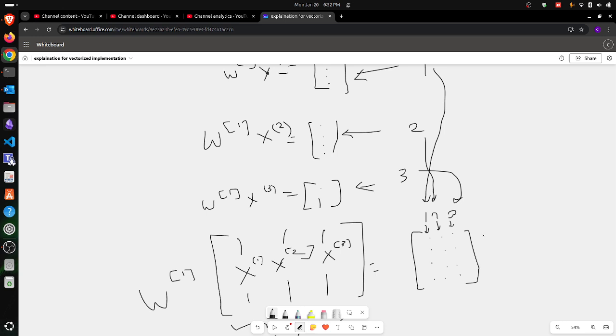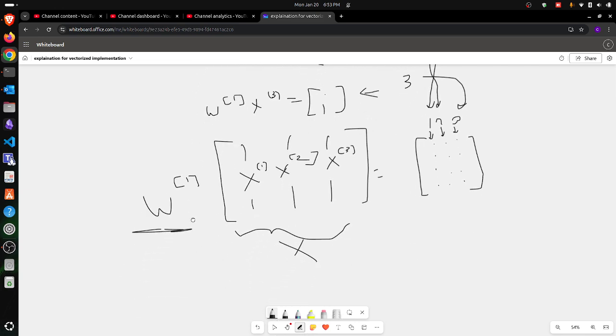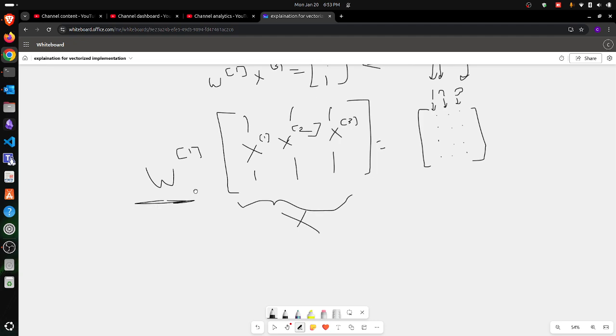Where were we? Now we have a matrix called X that has all 3 pictures stacked together in columns. We multiply this matrix with something called W1, which is like a special set of rules for our machine.